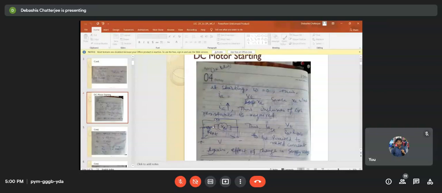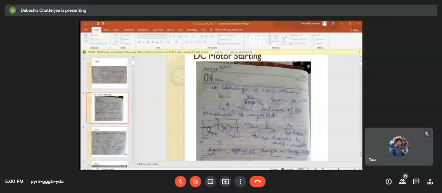But this will cause an increase in voltage across the armature, because keeping R external means we are applying a lower voltage at the armature. The voltage applied across the armature is V supply minus IA into R external. Now when R external suddenly becomes 0, this IA R external drop suddenly becomes 0, and the full voltage is applied to the machine armature. So that is also not desirable.